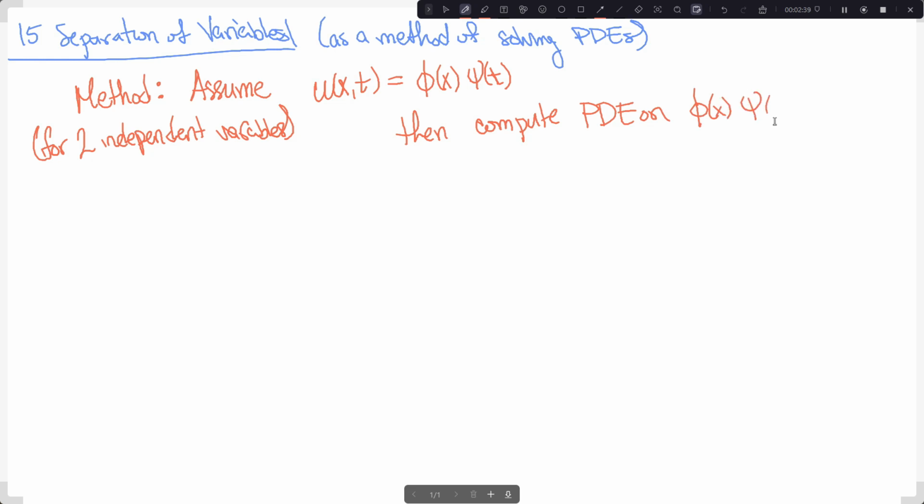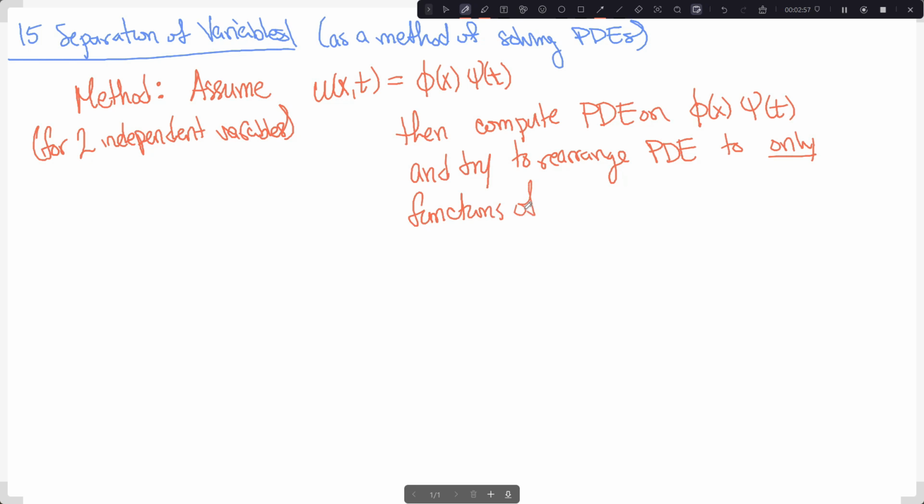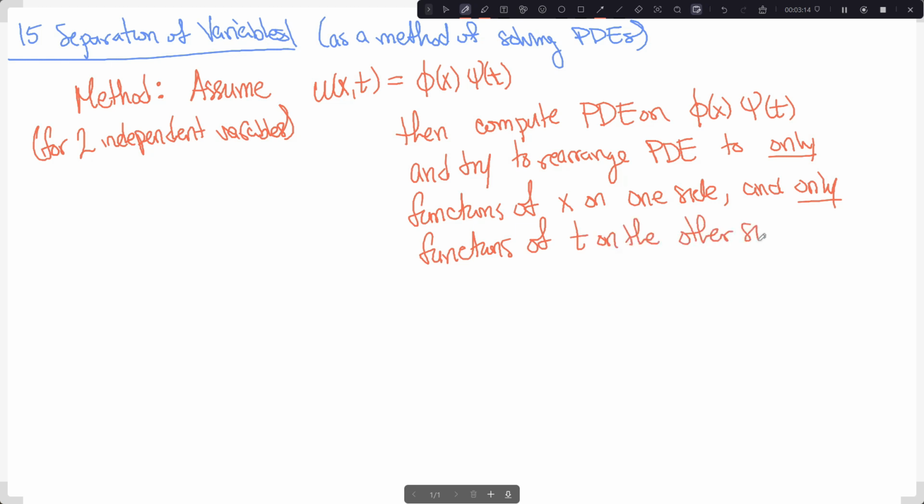Rather than computing it on u, you compute it on the product and try to rearrange it to only functions of x on one side and only functions of t on the other side. Then this gives a system of 2 ODEs.